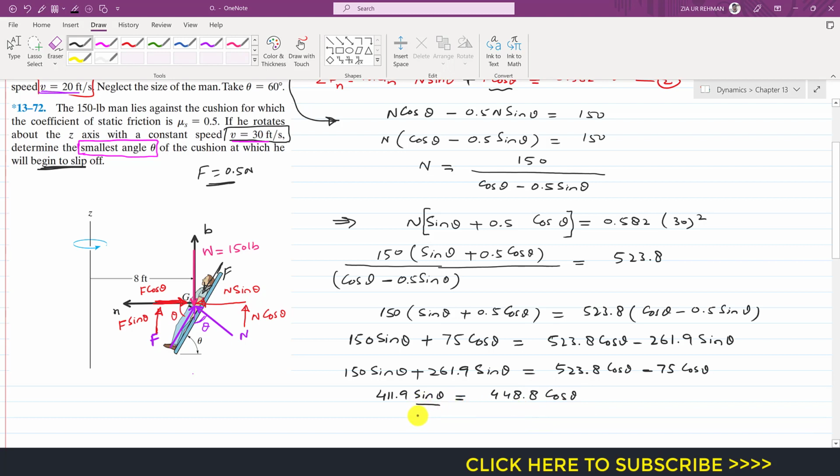If we divide both sides by cos of theta, this will become tan theta.